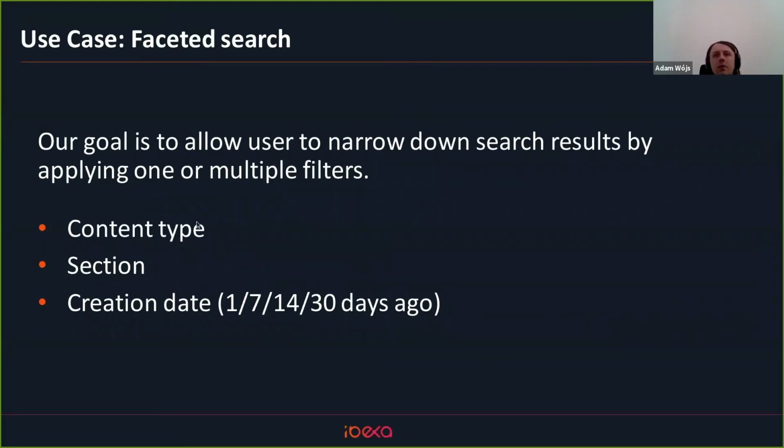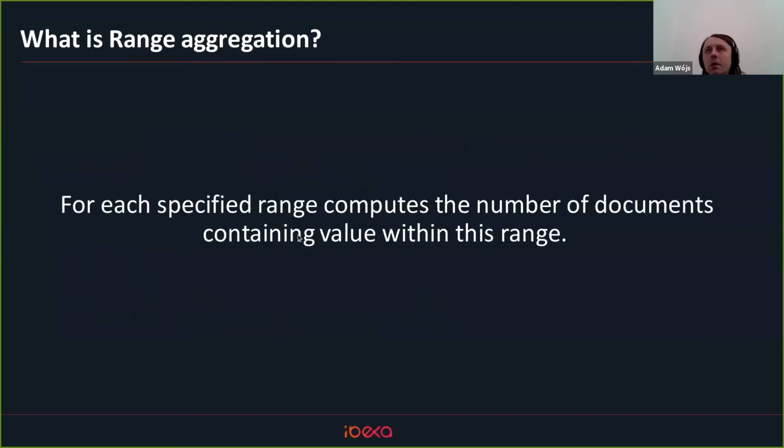I've already shown you the content type term aggregation and section term aggregation. Those two will be used to meet our first two requirements. For the third one, creation date, we will use the range aggregation. Range aggregation is a very specific term aggregation, meaning in this case, you will specify some ranges, and as a result, you will get this specified range and the number of documents containing a value within this range.